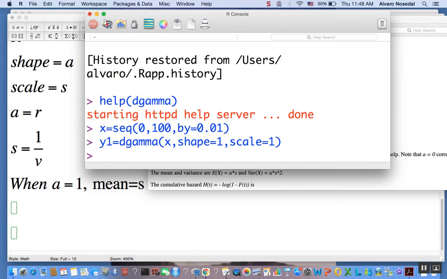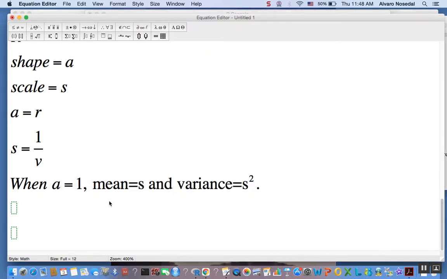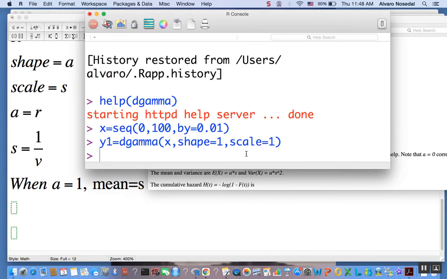So that would be a gamma with parameters 1 and s equal to 1, a gamma with a mean of 1 and variance equal to 1.